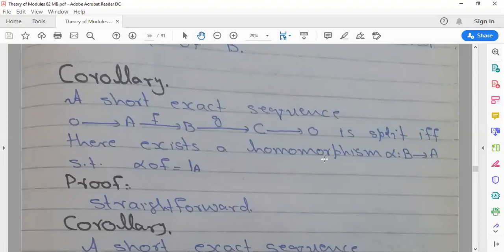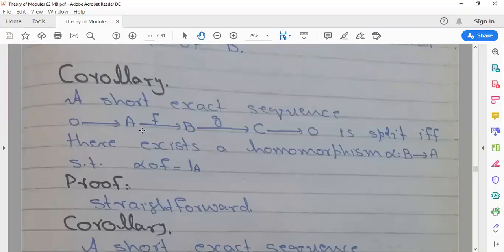This corollary states that if we consider the short exact sequence, then this sequence is split if and only if there exists a homomorphism alpha from B to A, which is the inverse of f, such that the composition of those functions is the identity.